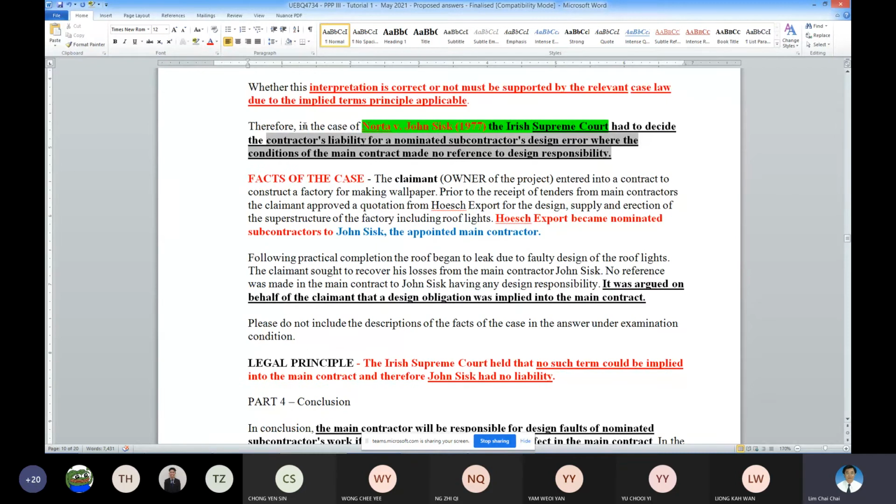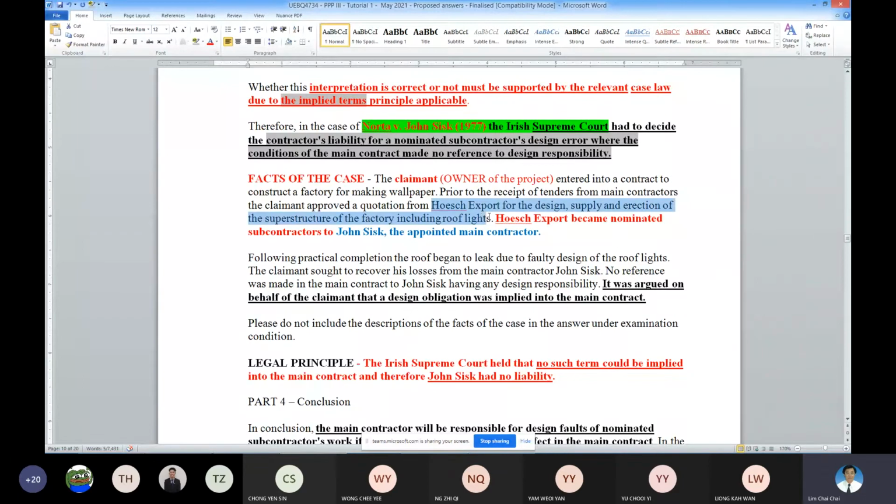So this is the facts of the case where the owner of the project, the claimant, is the owner. That means the owner sued the contractor. Okay, for the making of a so-called factory. Okay, and that factory is producing wallpaper. So the owner engaged Horse Export to do the design, supplying, and erection of the factory, including the roof light. So this is what the NSA is supposed to do.